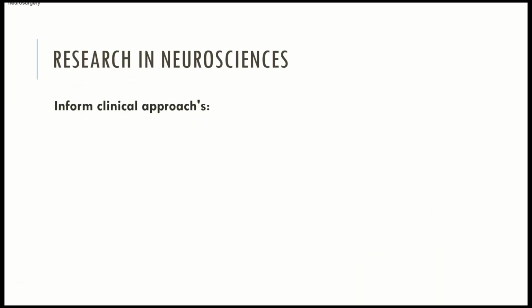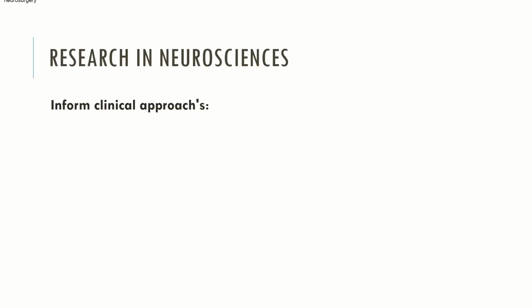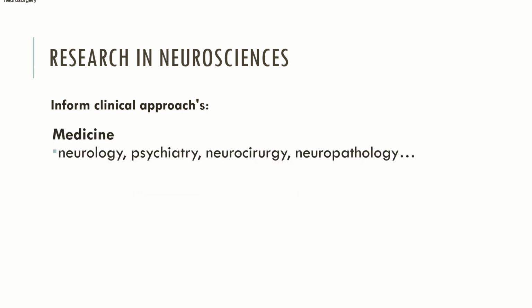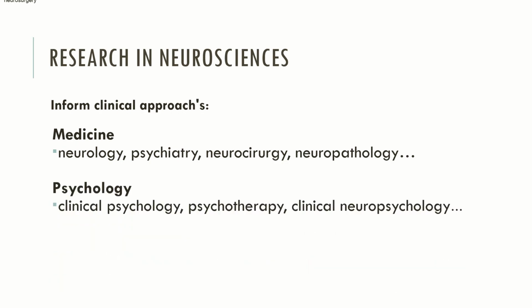So, research in neurosciences informs different clinical approaches. When we look to medicine, we can see that neurosciences inform neurology, psychiatry, neurosurgery, neuropathology, and so forth. In psychology, research in neurosciences informs clinical psychologists, psychotherapists, and clinical neuropsychologists.